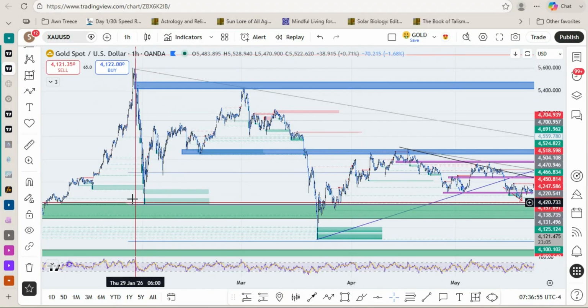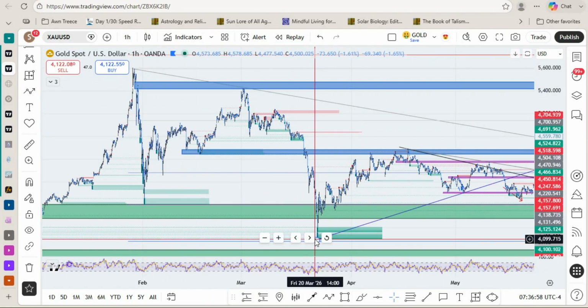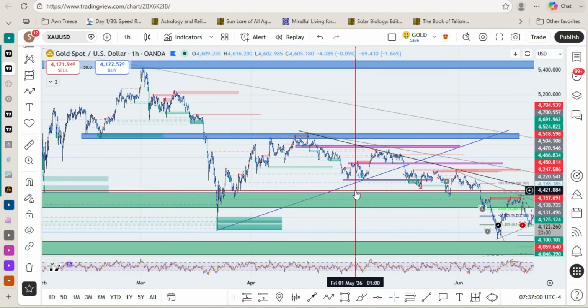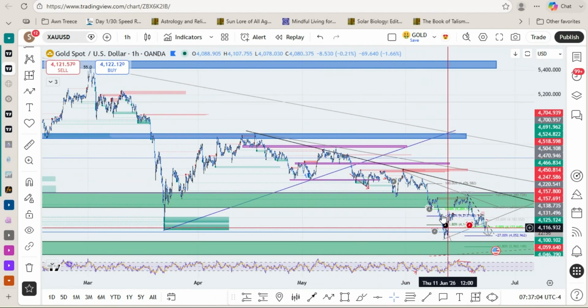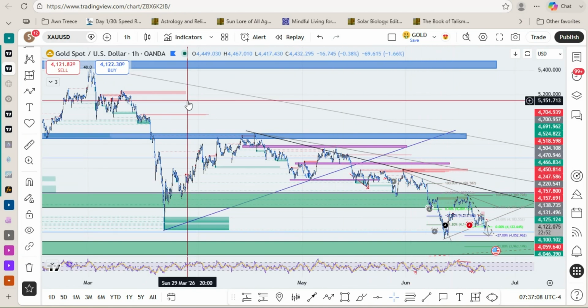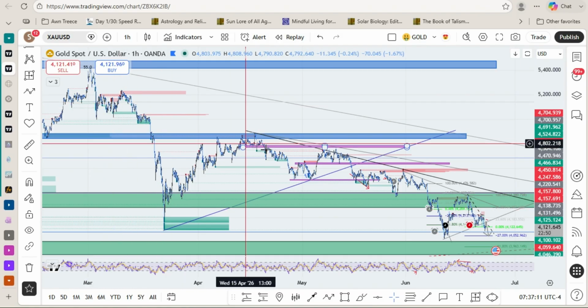And on the 1 hour, it has these sharp impulses to the downside. This is the last one right here, but it wasn't as great as the ones over here.